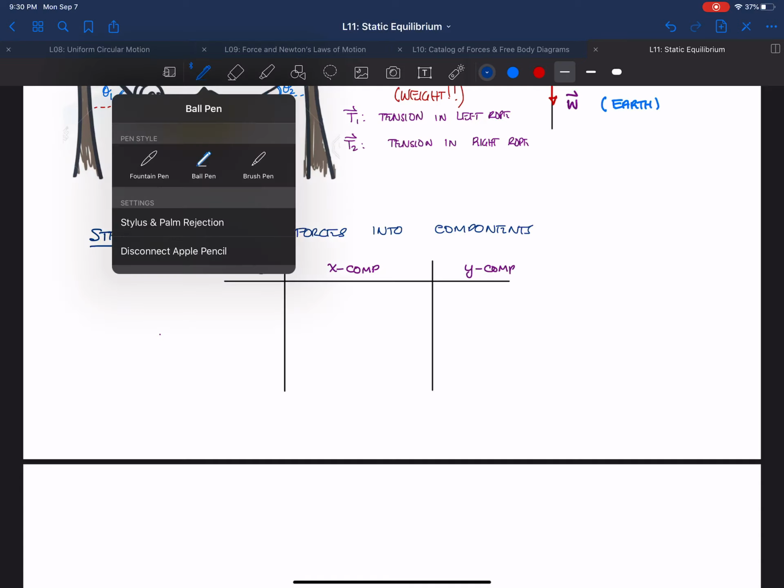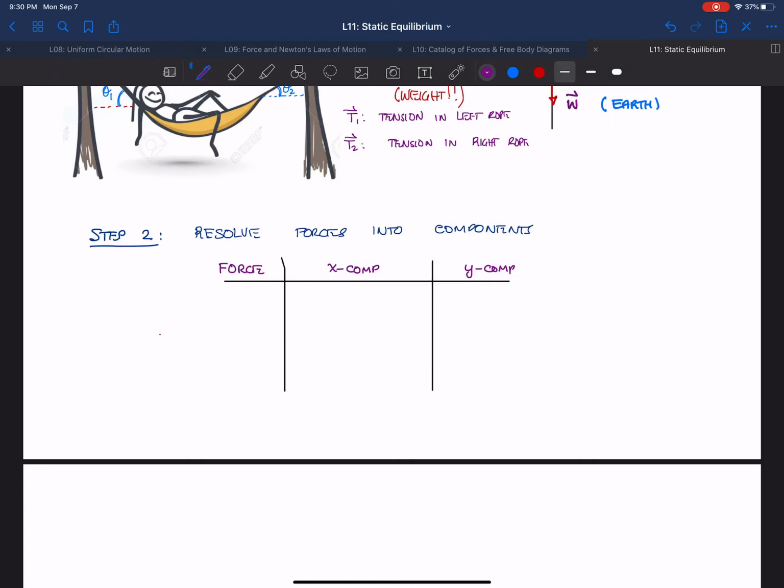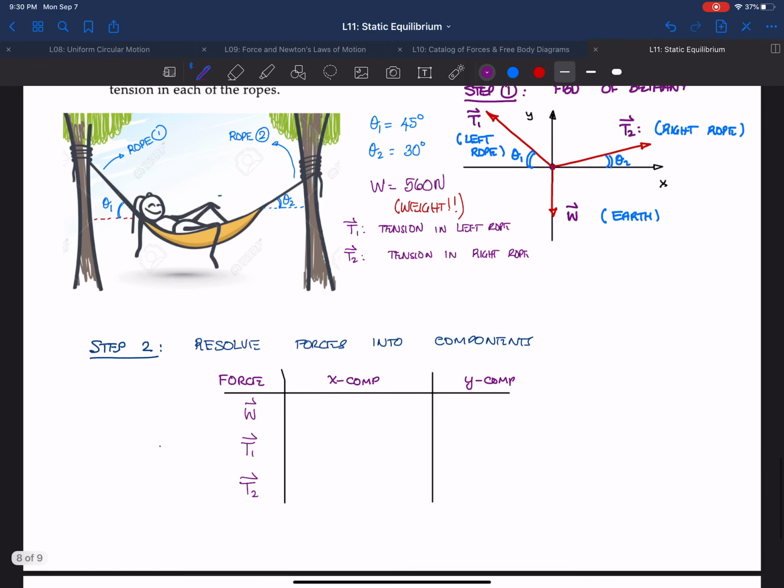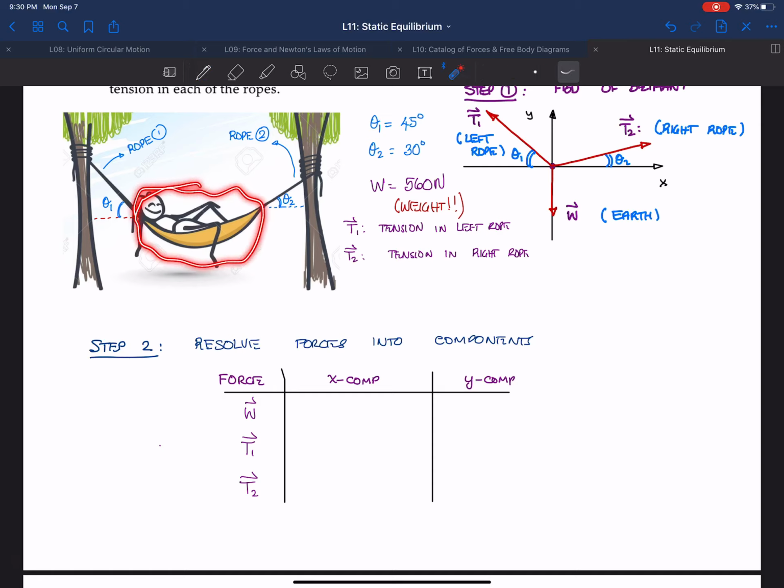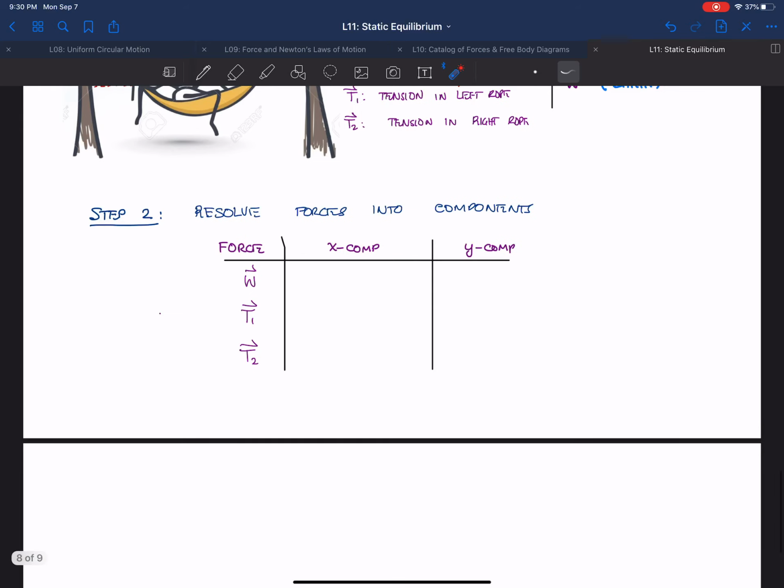So we've got the weight, tension T1, tension T2, listing all the forces acting. Here again, notice the object is Bethany and the hammock, all as one object. So there is no floor pushing up on her. The only things holding her are the ropes. And of course, there's a force of gravity pulling, or the weight acting in the downward direction.